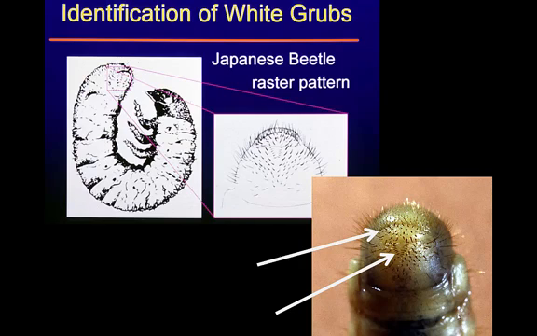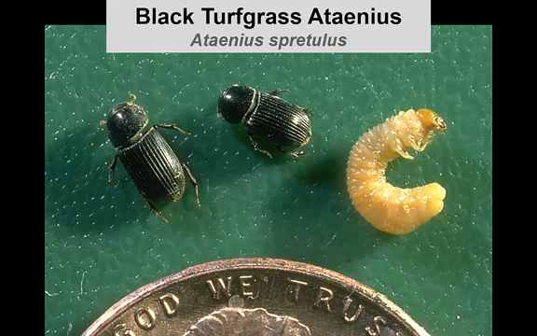The final kind of white grub that needs a little bit of discussion is one that is pretty much just associated with turfgrass settings, and even there it's mostly associated with annual bluegrass. The black turfgrass Ataenius, kind of an odd name, but it relates to the genus of this species, Ataenius spretulus, is a very tiny white grub, and it is largely feeding on organic matter, not plant roots, but does in addition feed on plant roots.